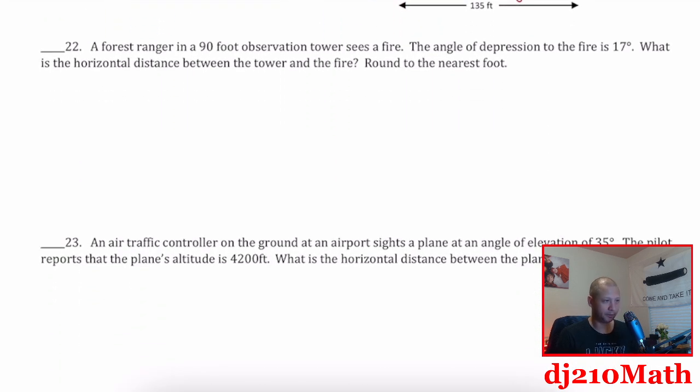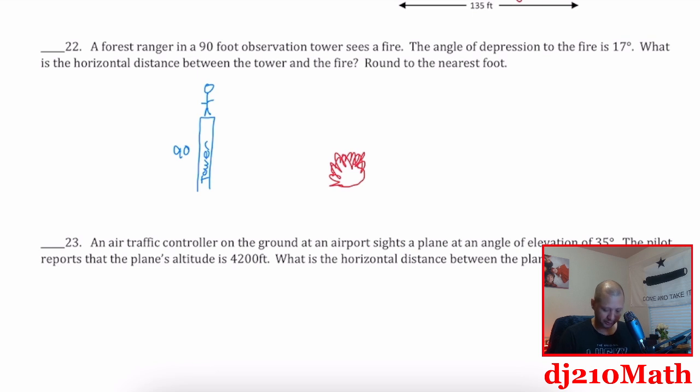All right, a forest ranger on a 90-foot observation tower sees a fire. Okay, so let's draw an accurate picture. So here's the tower, the park ranger, and this is 90 feet. He sees a fire. There's my fire.